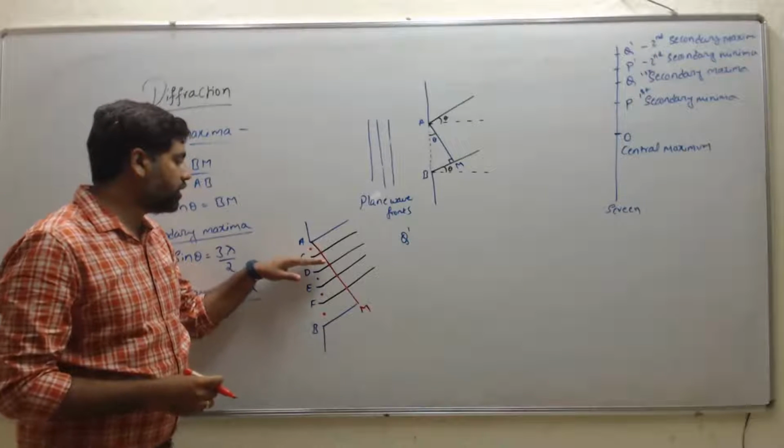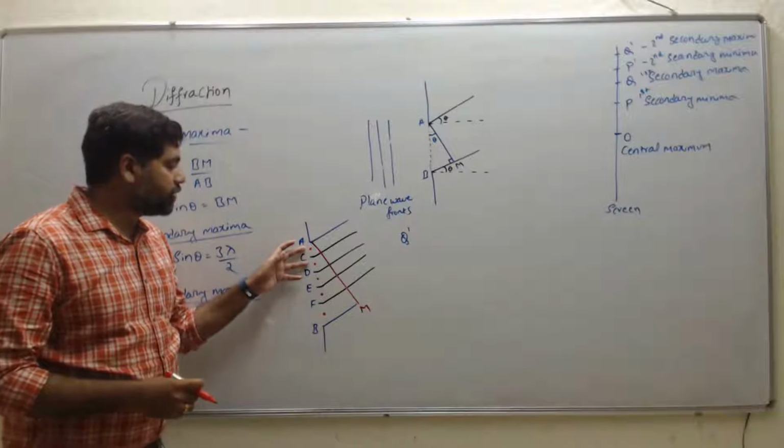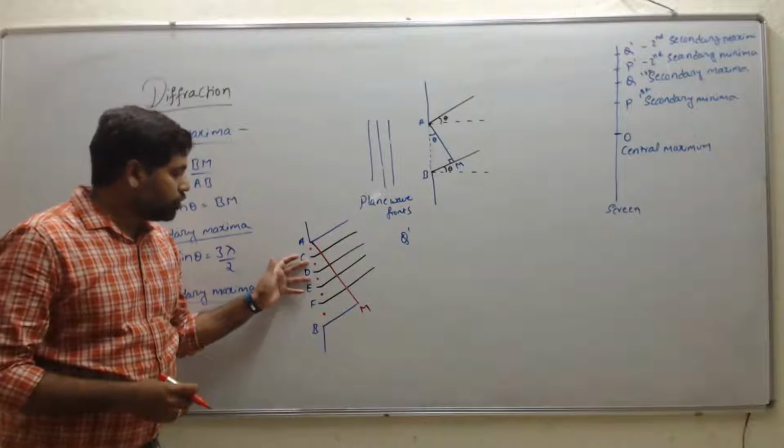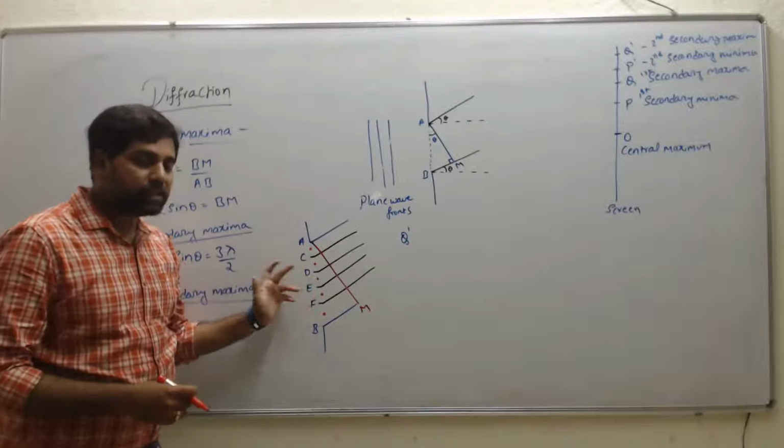Right now, for the waves which are coming, the difference between these two points, the path difference, is pi by 2. Between these two, the path difference is pi by 2.